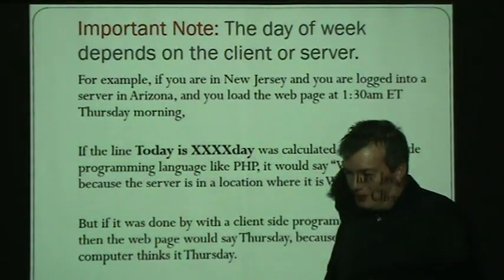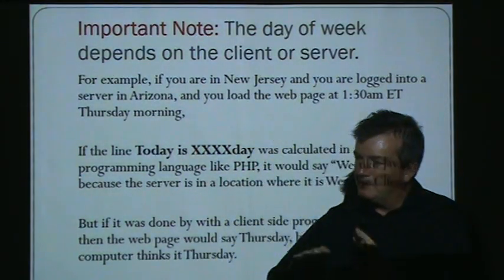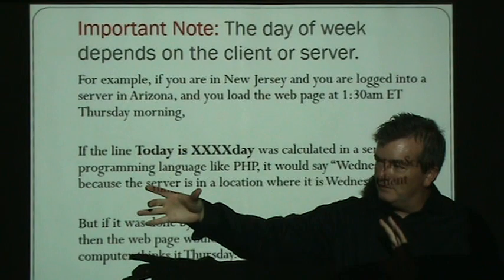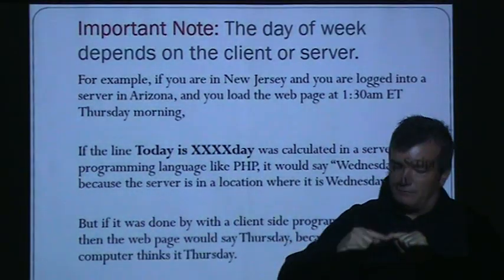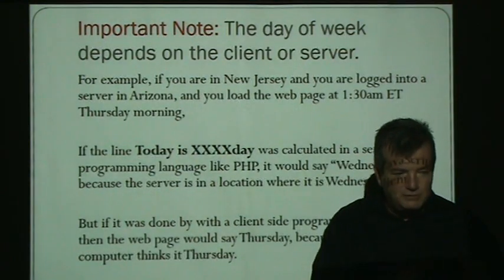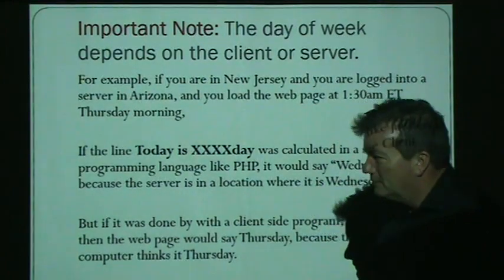But if you decided to write your code using JavaScript, the client side, and you saved it out on the server in Arizona, and then you were in New Jersey and you read the file, it's going to come to your machine, and your machine is going to ask your machine, what day is it? And your machine's going to say Thursday.